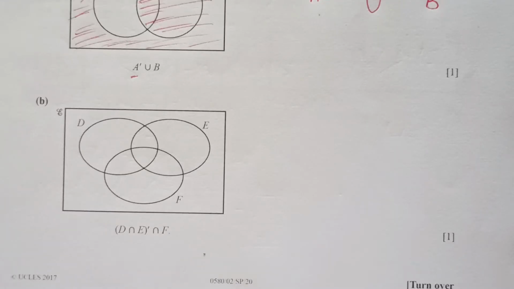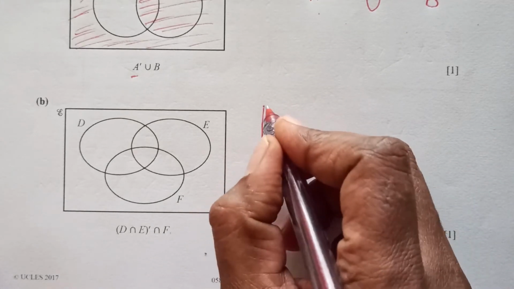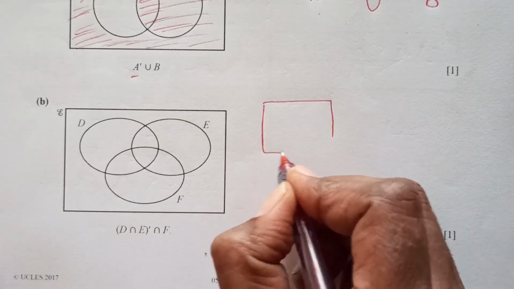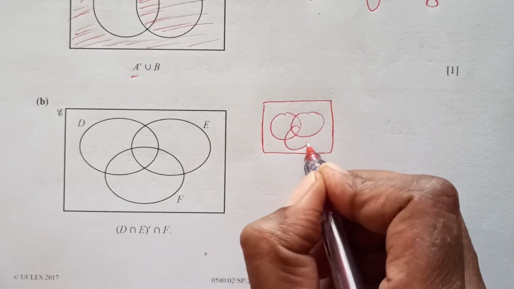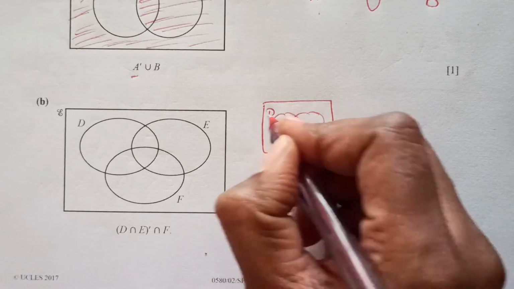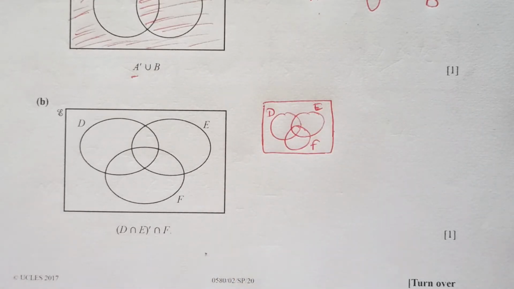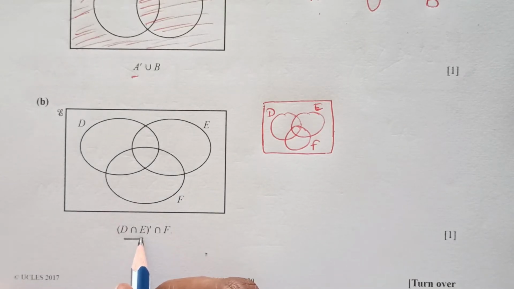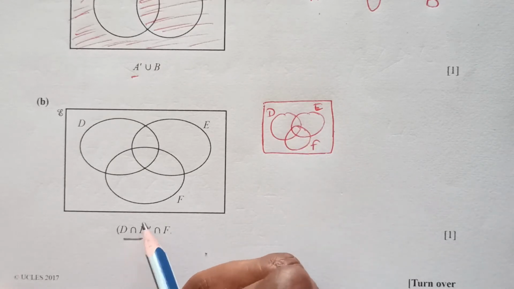Similarly, we can do part B. We have 3 sets here, D, E and F. Let's draw these diagrams here first. So this is D, this is E and this is F. The first one is D intersection E. D intersection E is this part, and the complement.